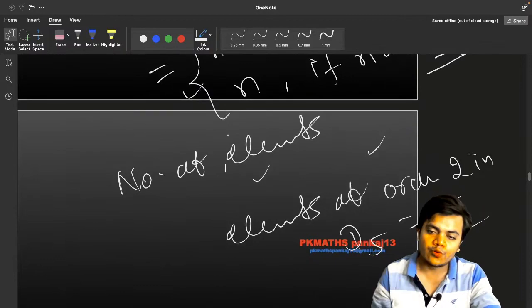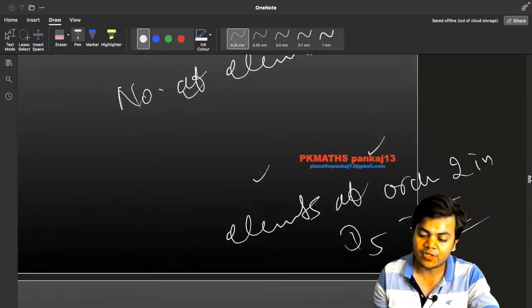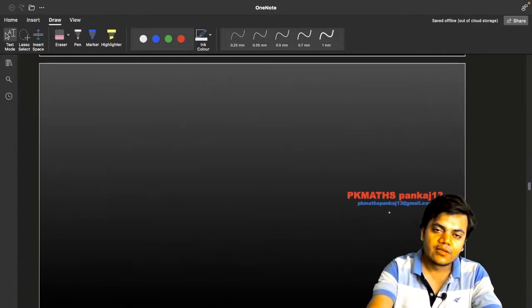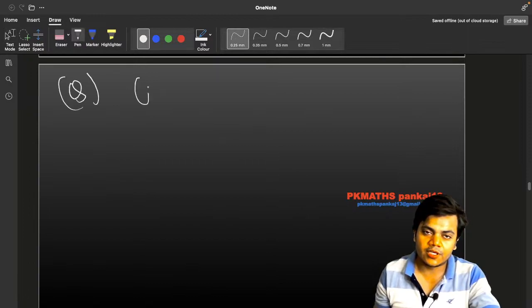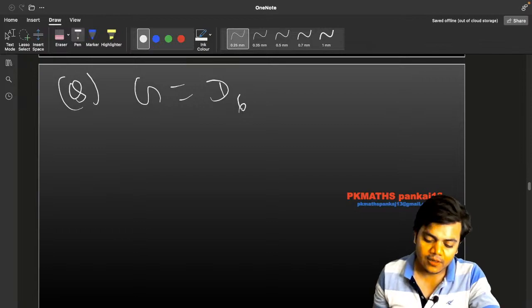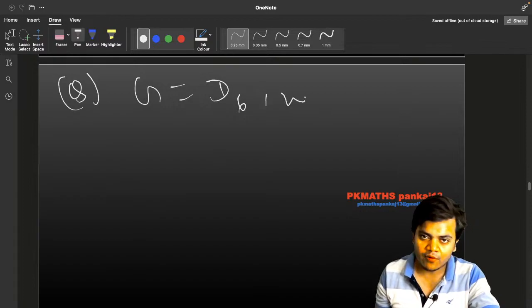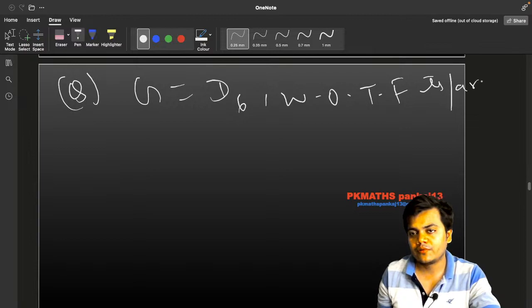so now I am going to ask a CSIR NET type 4.75 type question, and you just need to answer that. Okay, yes, so what is the question? Let's say your G is equal to D6, and for G equal to D6, which of the following are true?